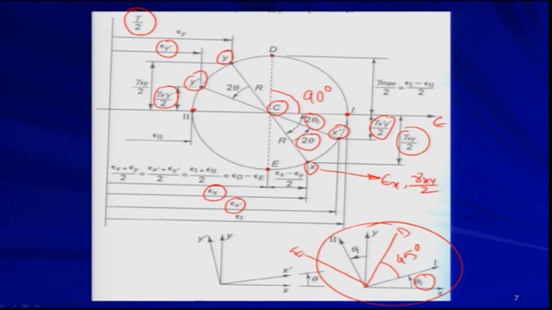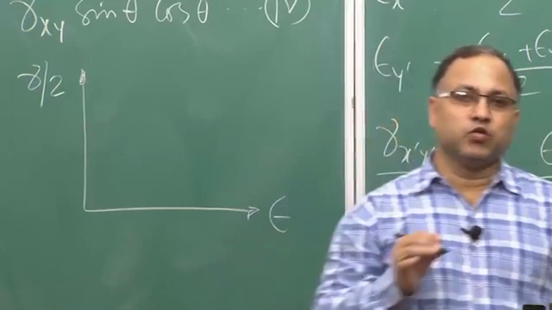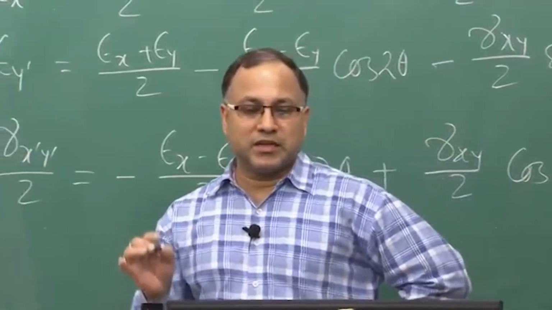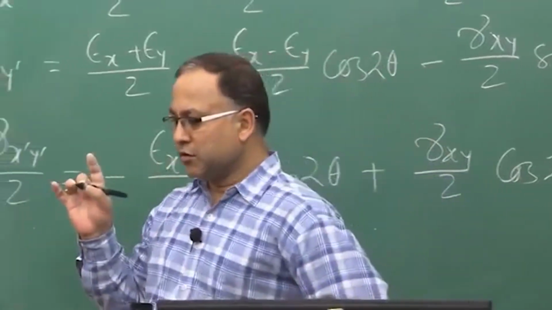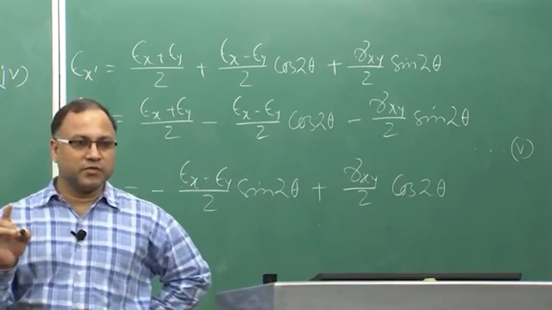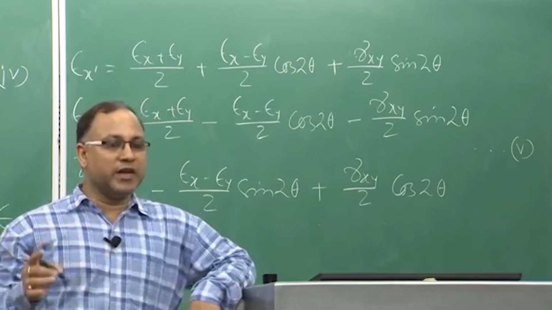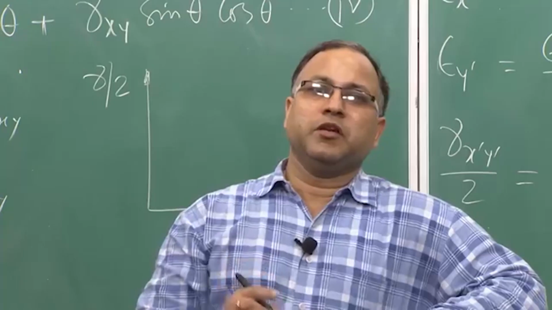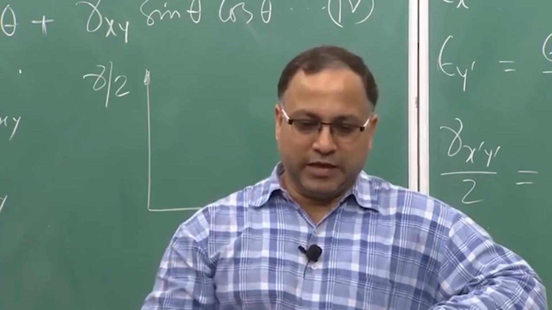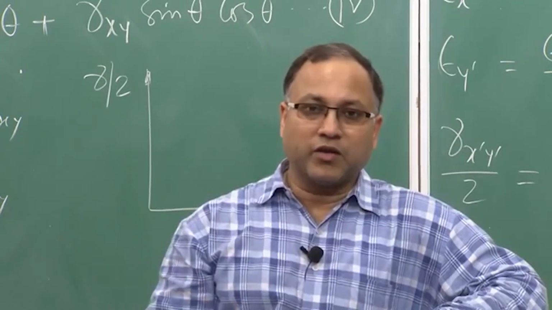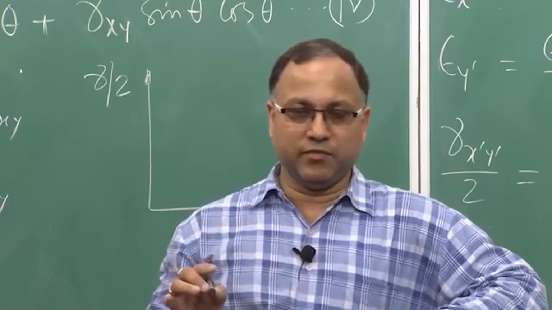Now, one thing you need to remember: here also we follow the same sign convention to draw the Mohr circle that we considered in the case of stress. Do you remember that? If the normal stress is tensile in nature, it is positive; if it is compressive, it is negative. Here also, if epsilon x is an elongation, it is positive; if it is a contraction, it is negative.